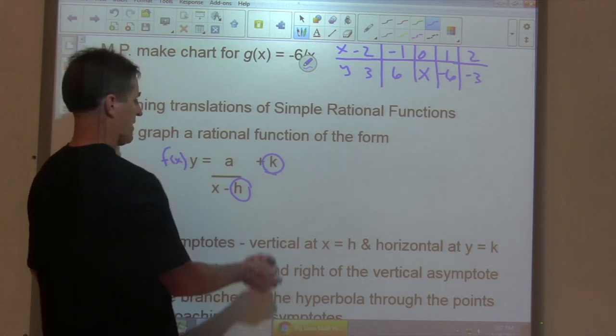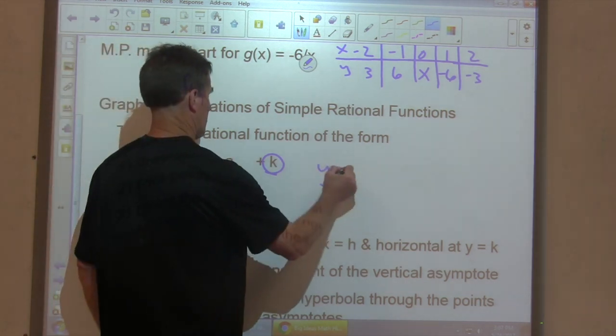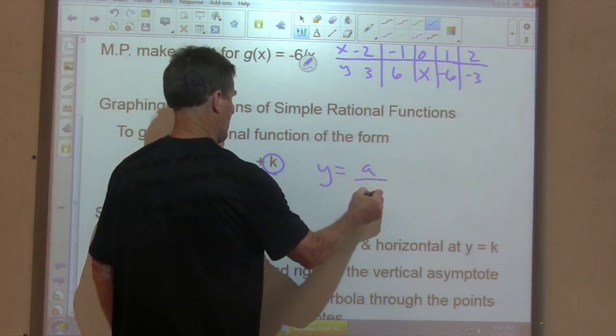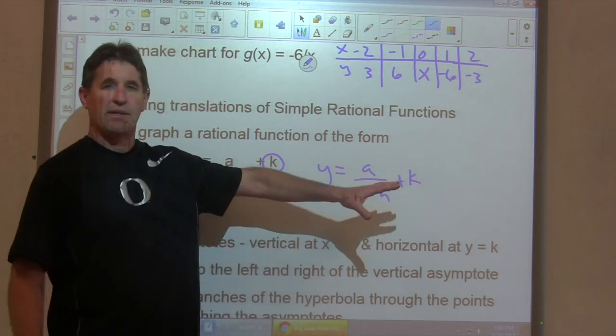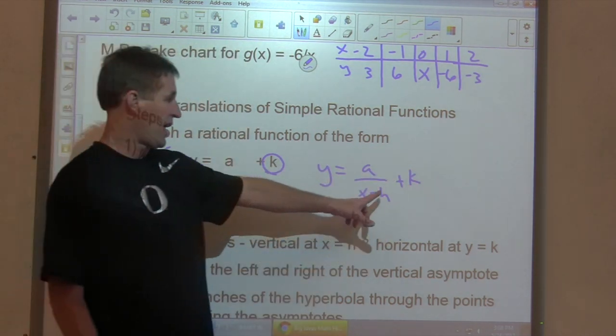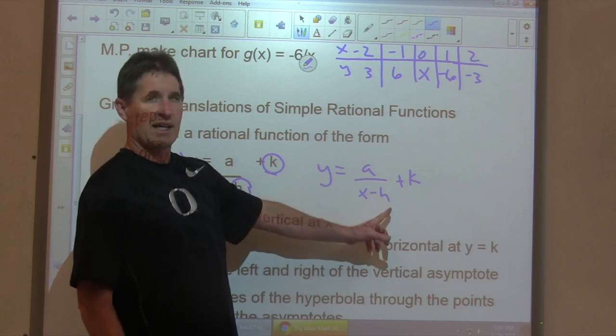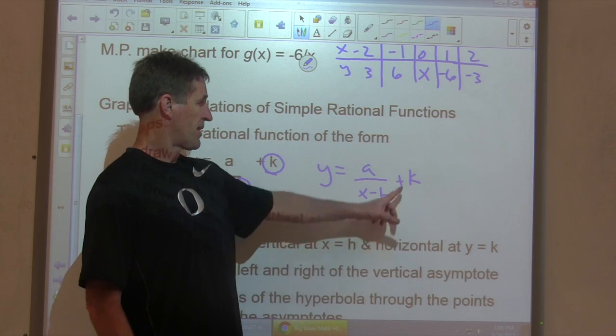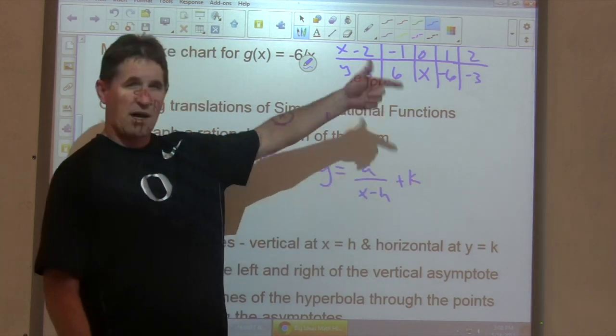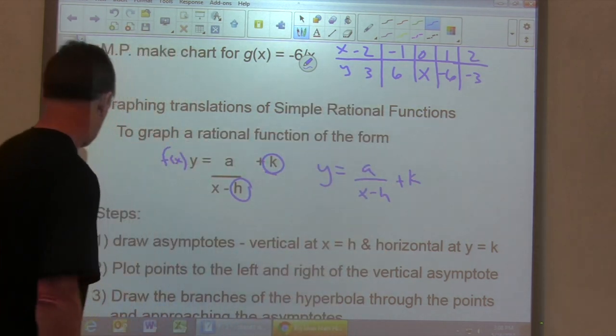And I know it's spaced out a little bit here, but it looks like this: a divided by x minus h plus k. And the same thing happens as it always has happened with the h and k. Here h just affects the x, so it's horizontal, sends us left and right, and it's the opposite of what it says. And k moves us up and down from the parent function.